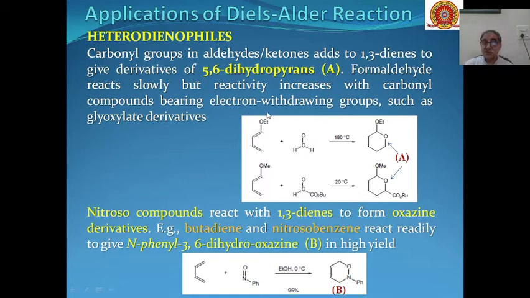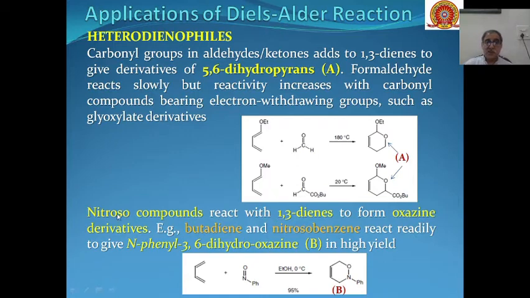So this diene reacts with formaldehyde to give us this 5,6-dihydropyran, whereas this substituted aldehyde gives us this type of substituted 5,6-dihydropyran as the product.